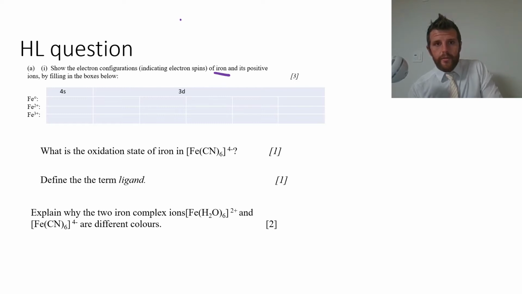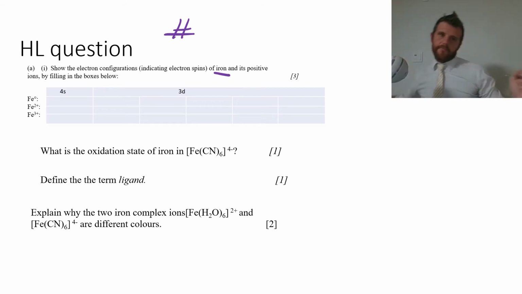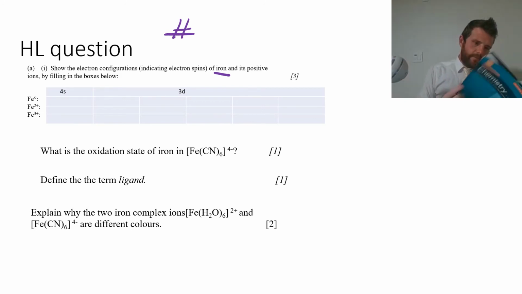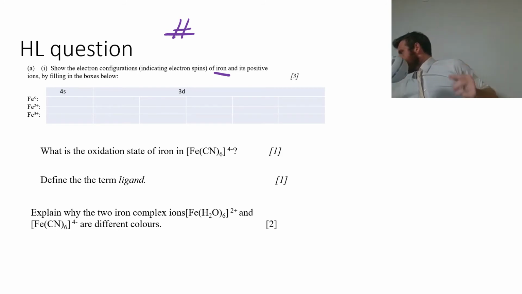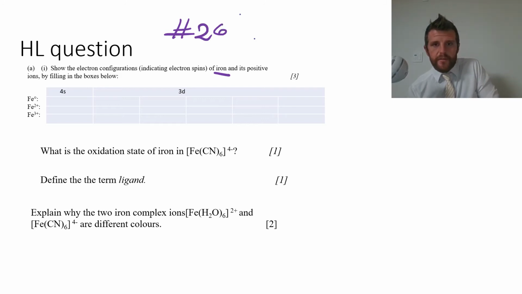Iron is number 26. So then what that means is it's 4s2 3d6.